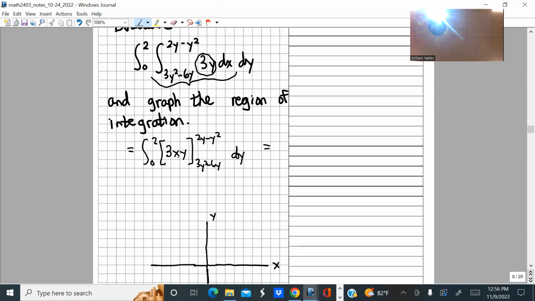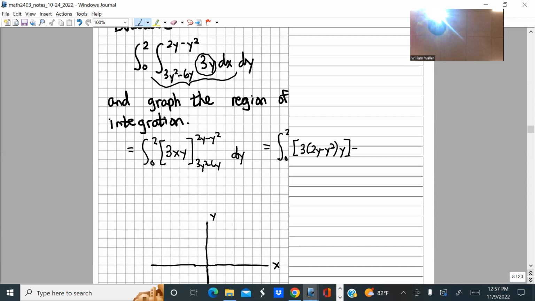So we plug in our limits of integration here for x, and then take the difference. When you plug in that top limit of integration, it looks like 3 times 2y minus y squared, but don't forget you've got that extra y here.